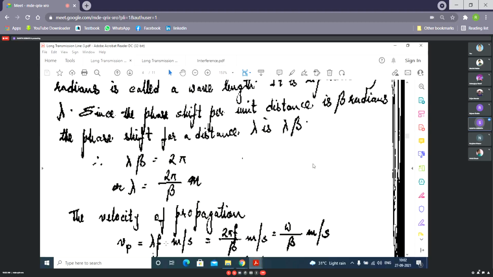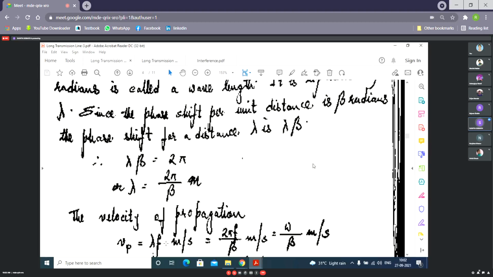So in 1 by f second, the phase shift is 2 pi radians. Understood? According to the definition, that 2 pi radian phase shift occurs over a distance lambda. So in 1 by f second, the traveling wave must travel a distance lambda. So in 1 second, it travels a distance lambda f.